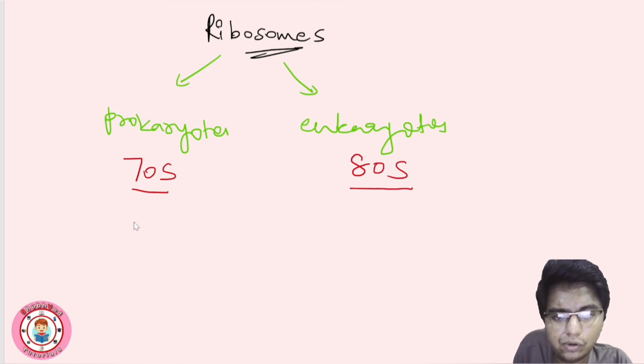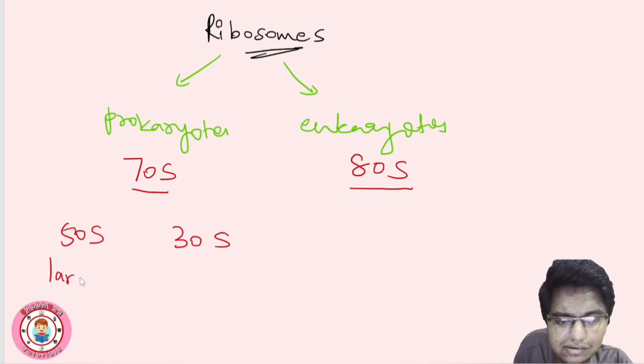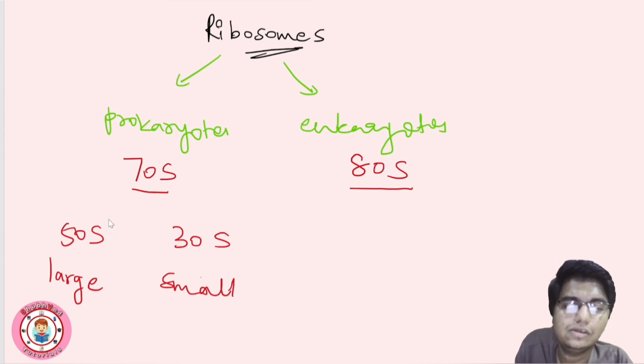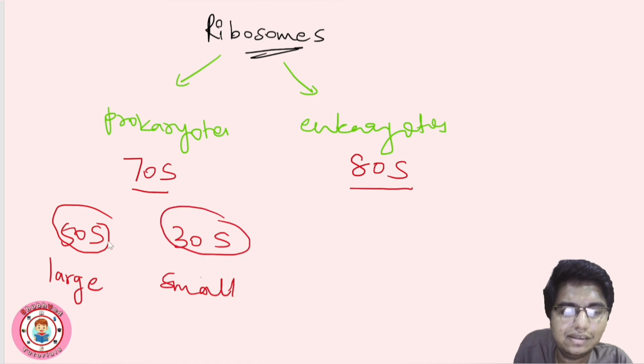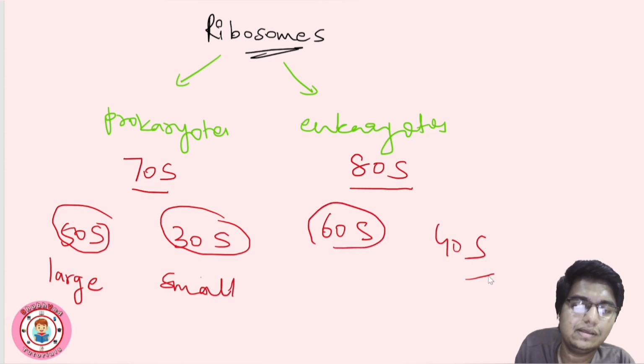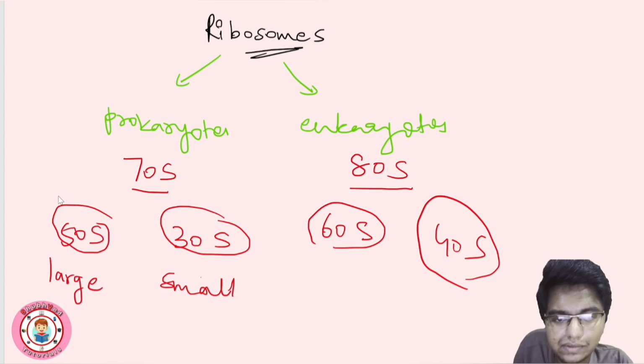In prokaryotes, large subunit 50S, 30S. Okay, this is the large subunit. This is the small subunit. Okay, got it? So this way we can remember 50S and 30S in prokaryotes, and in the case of eukaryotes 60S and 40S. Okay, in prokaryotes 50S, 30S, in eukaryotes 60S, 40S.